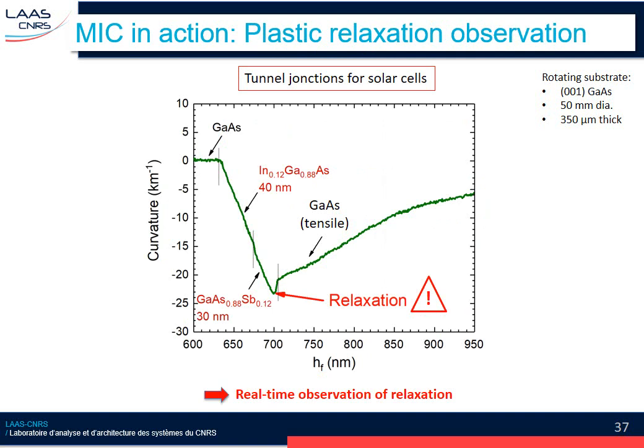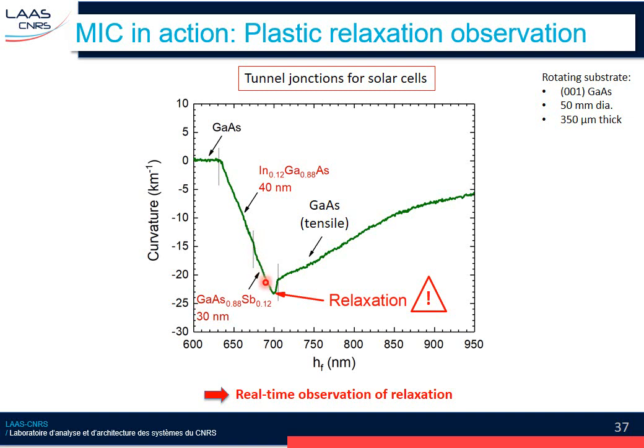Another interesting parameter you can access with curvature is plastic relaxation. Here we grew a tunnel junction for a solar cell, still on gallium arsenide. So gallium arsenide on gallium arsenide, there is no curvature change. Then here a stress layer with 12% indium, so there is a constant slope.